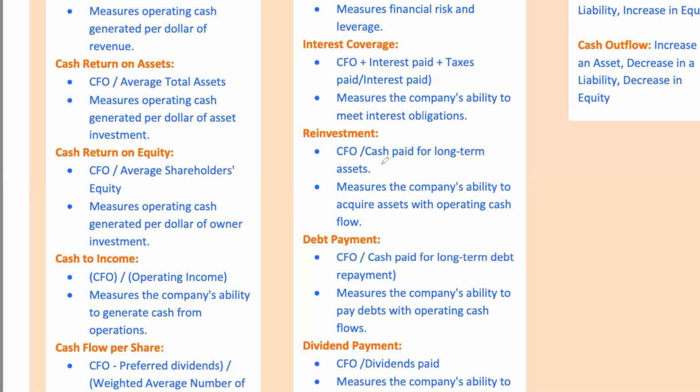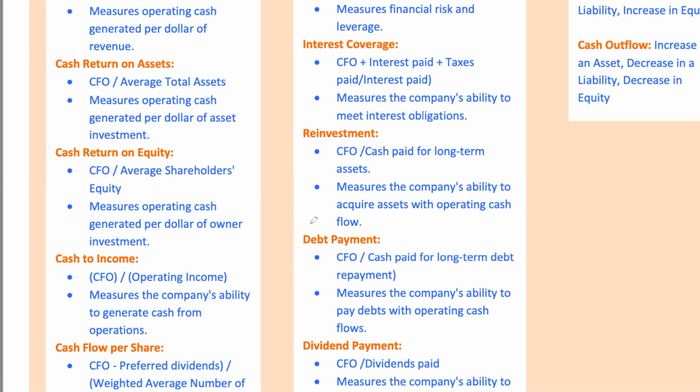This ratio shows how well the company is using its operating cash flow to reinvest in its long-term assets, things like new equipment, property, or technology. A higher ratio means the company is able to fund its asset purchases from its operational cash flow rather than relying on debt or equity.